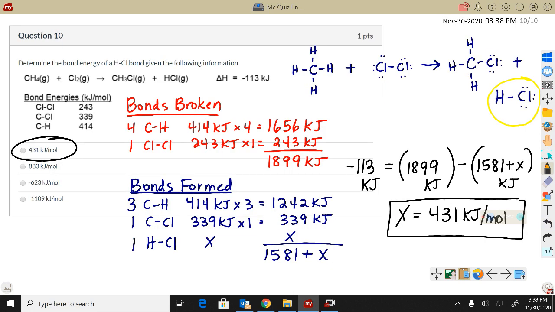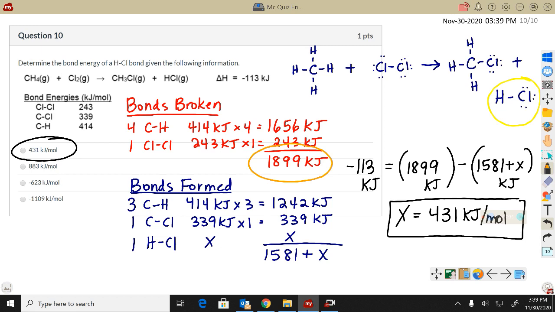And finally, this one was kind of fun. They gave you the balanced equation and the overall delta H and had you solve for a bond energy. Okay, so I kind of sketched it out. I sketched out the Lewis structures. They're all single bonds. And then set it up the best that I could. So for bonds broken, there's the 4 carbon-hydrogen bonds and the 1 chlorine-chlorine bond for a total of about 1,899 kilojoules.